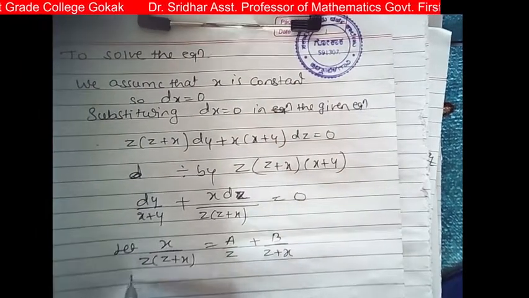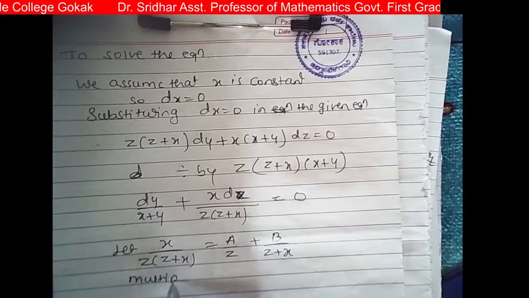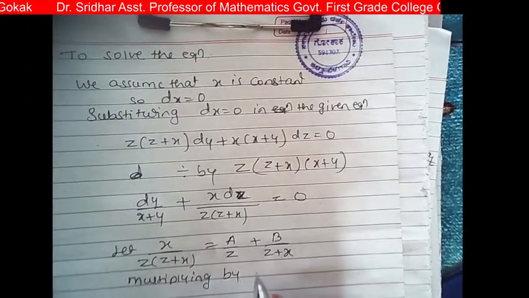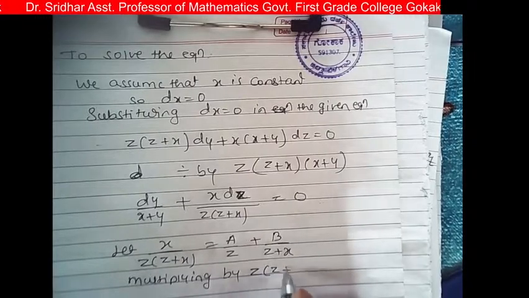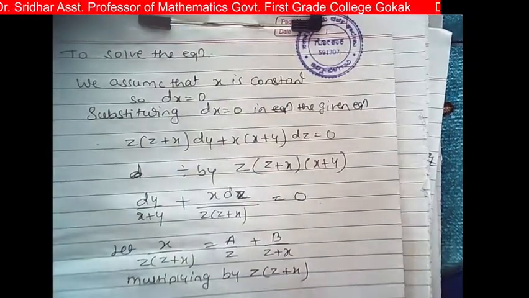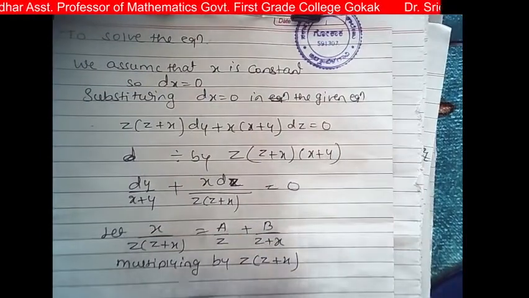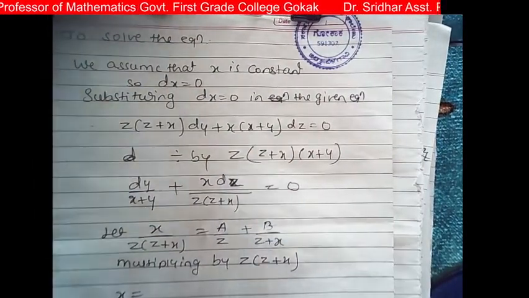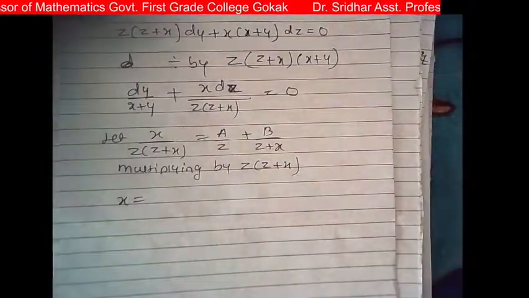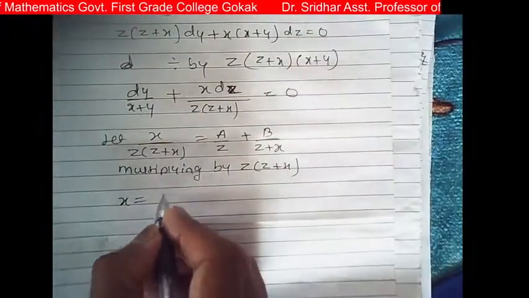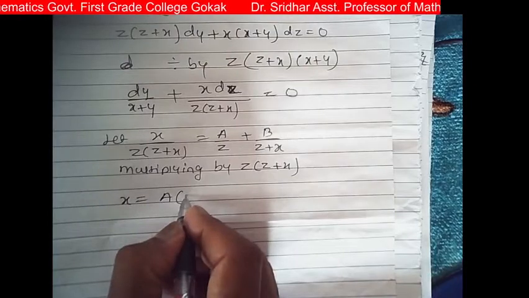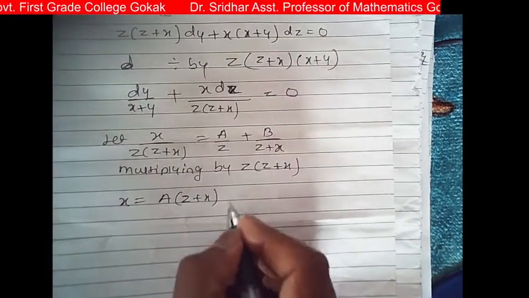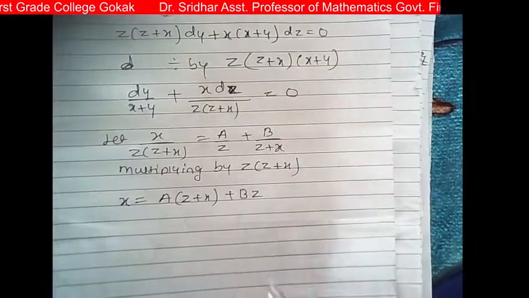So then multiplying by z into (z plus x) both the sides, which gives x is equal to a into (z plus x), then plus b into z.